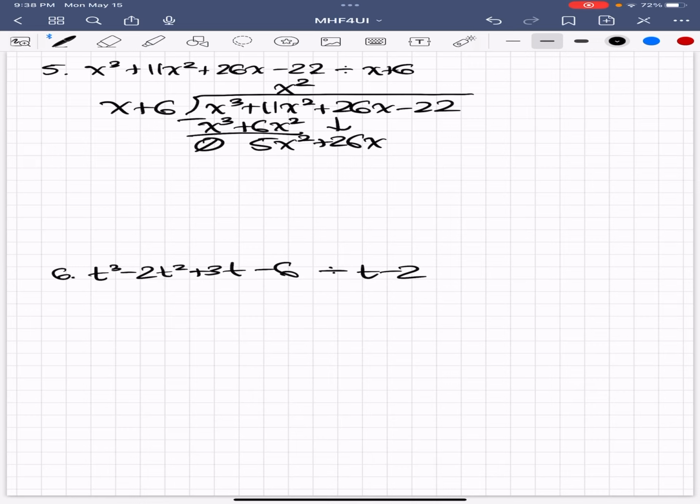We bring the 26x down, and what multiplied by x gets you 5x to the power of 2? What coefficient, what variable, and to what degree is missing from 5x to the power of 2? What do we multiply x by to get 5x to the power of 2?